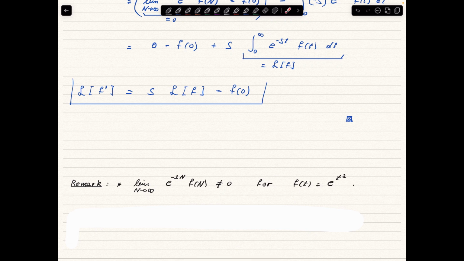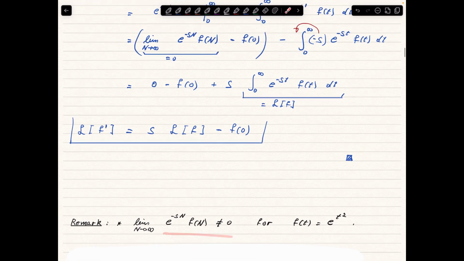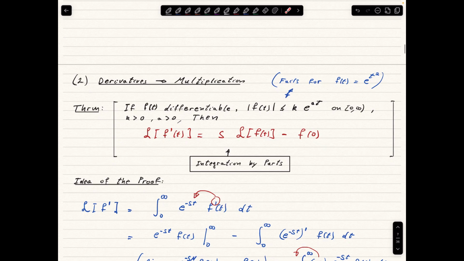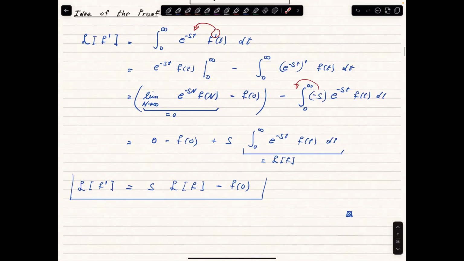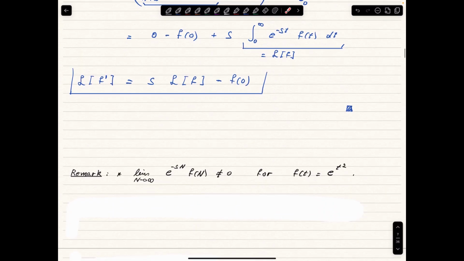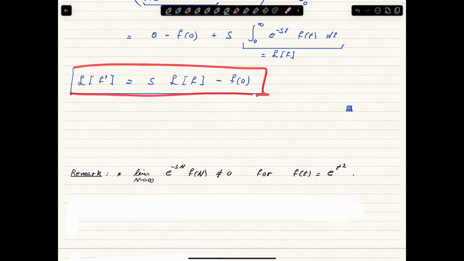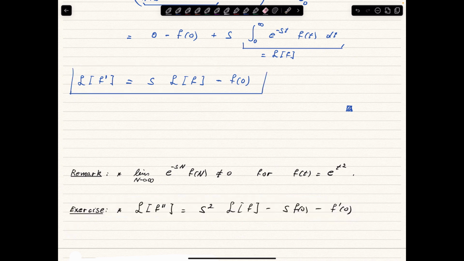Two remarks and we are done with this result. Of course, this part of the proof where we can cancel this term is not true when we have functions that don't satisfy this hypothesis. And the other remark is, once we have this formula proven, we can use it to prove the Laplace transform of higher derivatives.